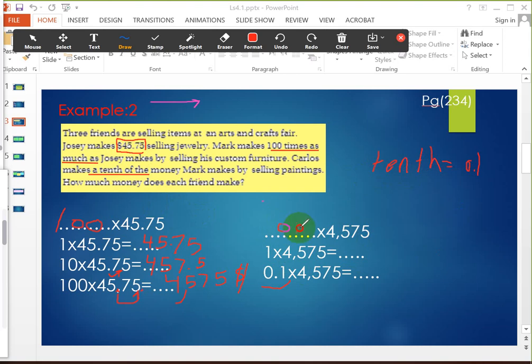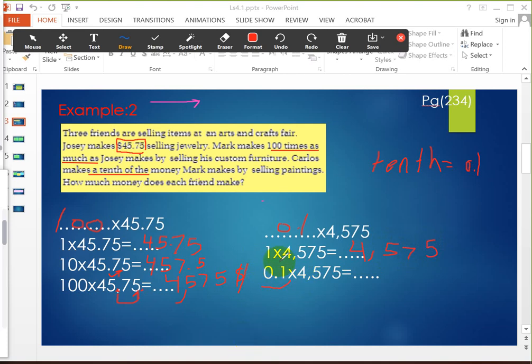So when we multiply it by 0.1, you have to follow the pattern. Of course 0.1 of Mark, sorry, from Mark. This is the amount of money that Mark makes. So I have to multiply 0.1 with 4,575. According to the pattern, 1 multiplied by any number equals the same number. Now to find the amount, I have to multiply the tenth with this number.